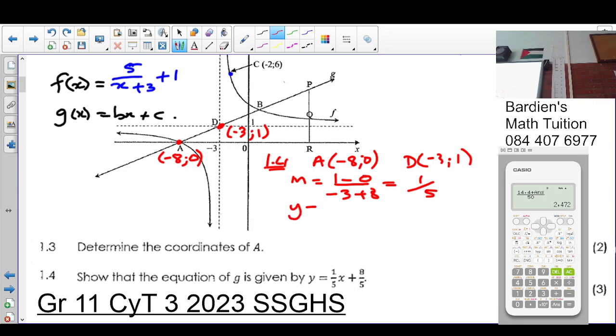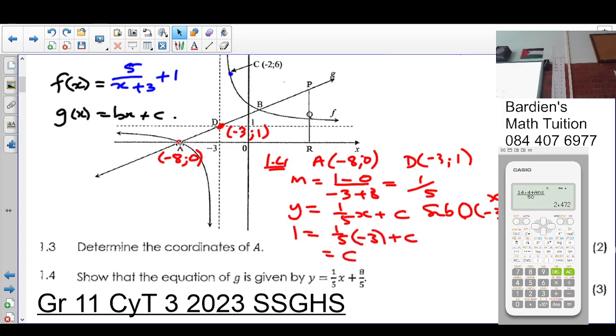So we have y is equal to 1 over 5 x plus c. In order to calculate c, I must substitute a point lying on this graph, either D or A. I'm going to go with D, negative 3 and 1. That's an x and a y. So 1 is equal to 1 over 5 times negative 3, plus c.